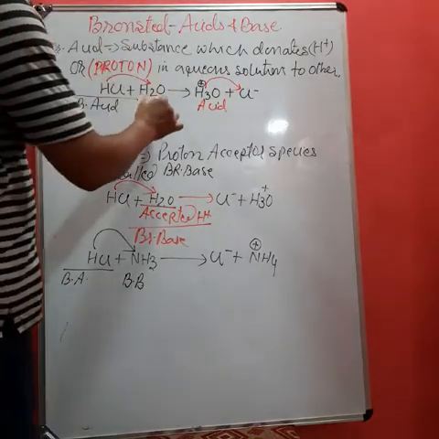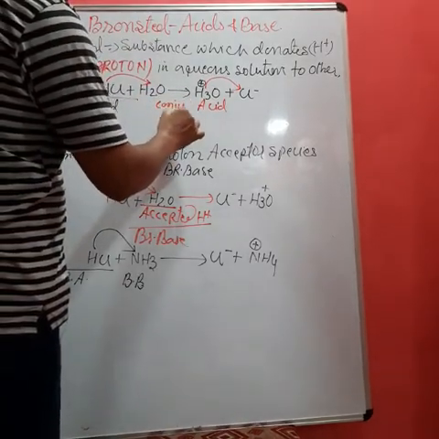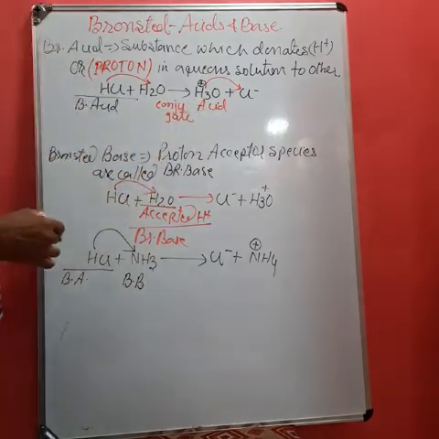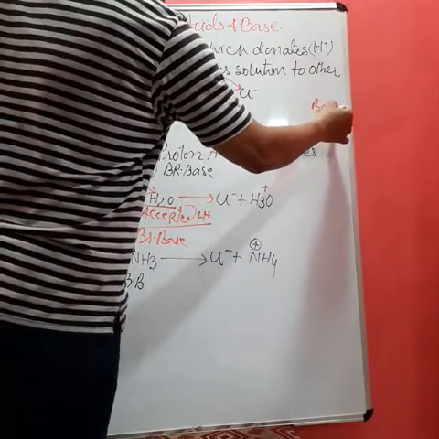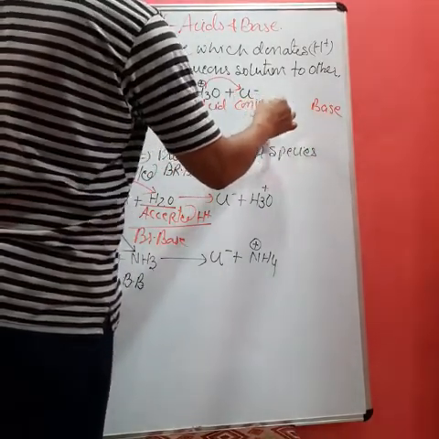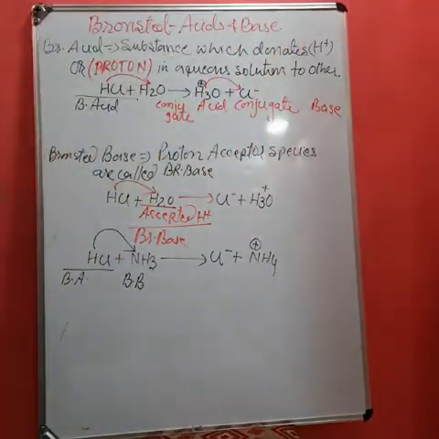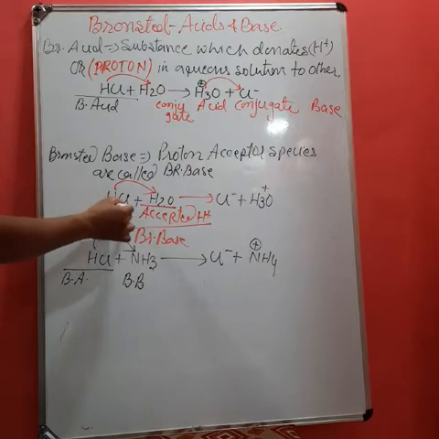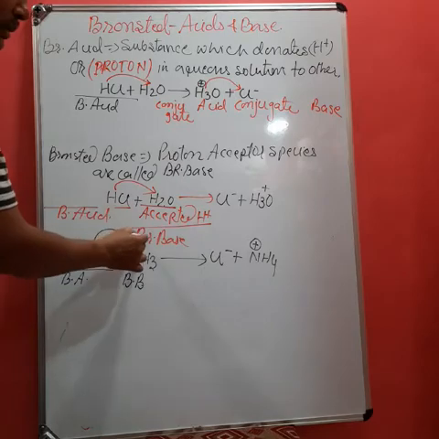But this acid is known as the conjugate acid. And when the other species accepts a proton, it becomes a base, but this base is known as the conjugate base. Similarly here, this is the Bronsted acid and this one is the Bronsted base.